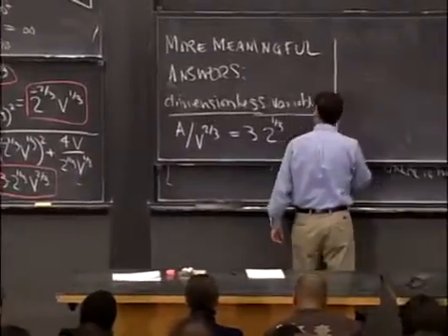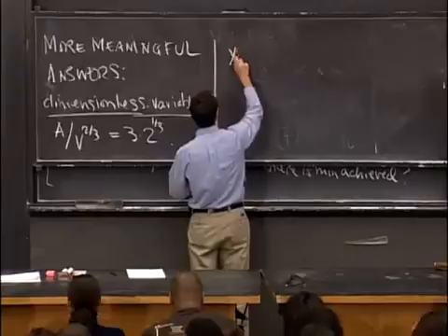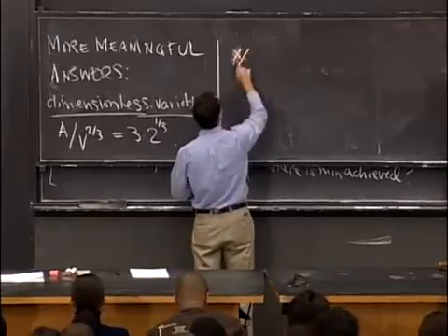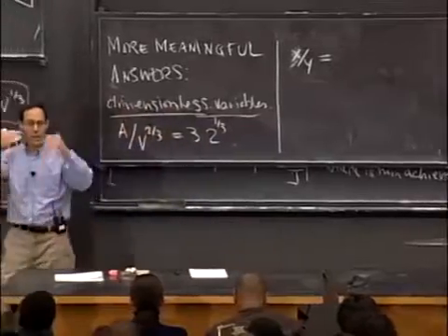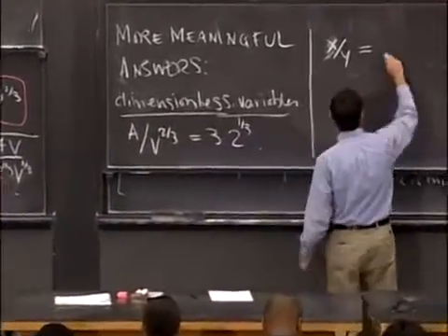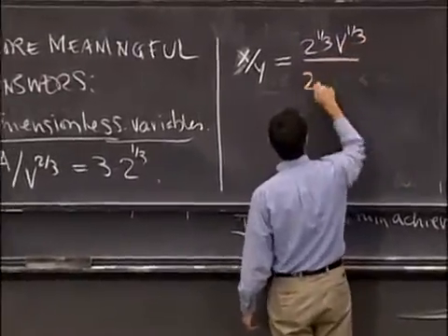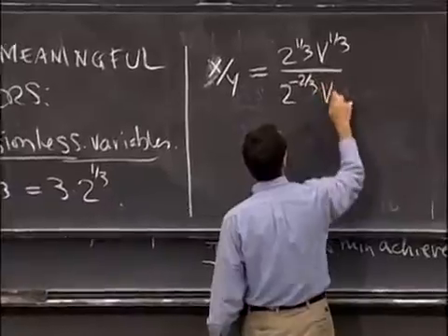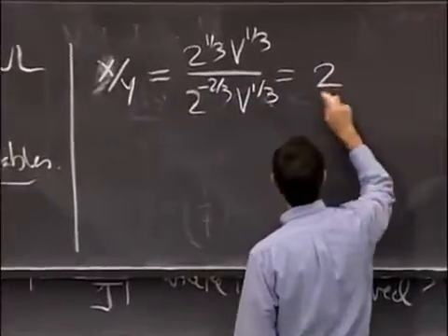The other dimensionless quantity is the ratio of y to x, or x to y. All right? So again, that's inches divided by inches. And it's 2 to the 1/3 v to the 1/3 divided by 2 to the minus 2/3 v to the 1/3, which happens to be 2.